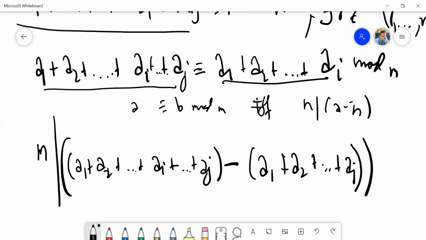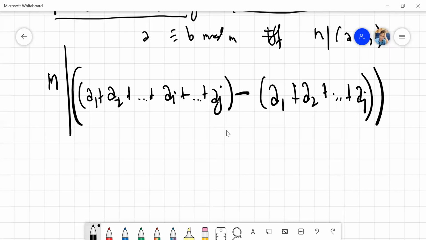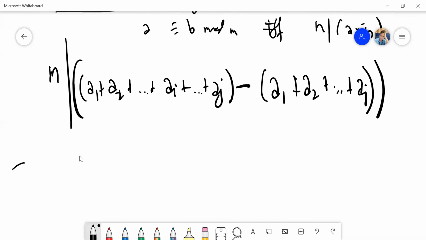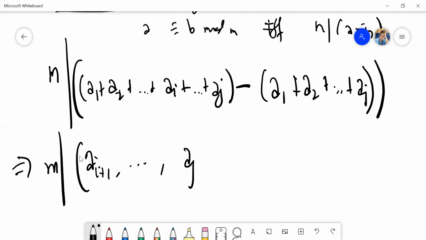And this implies M divides, this will be canceled here, so you have A, I'm sorry, what's this? Oh, it should be AI plus 1 because it's beyond I. So I have AI plus 1 up until AJ.